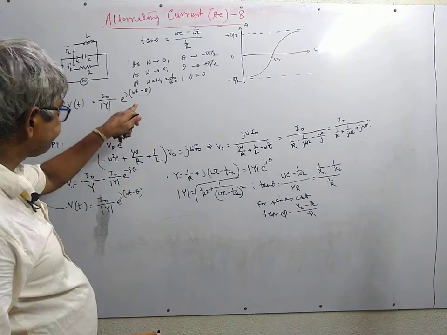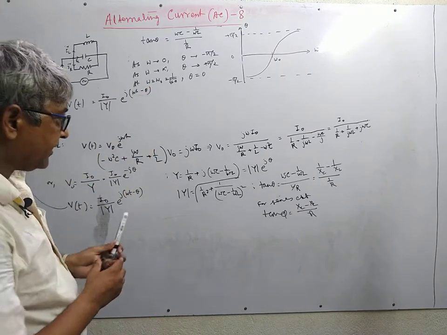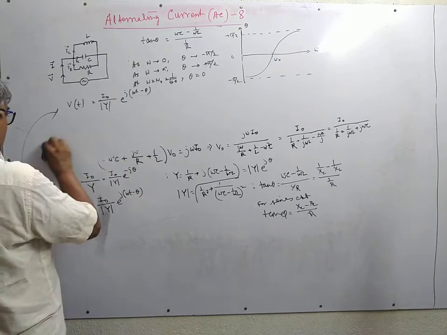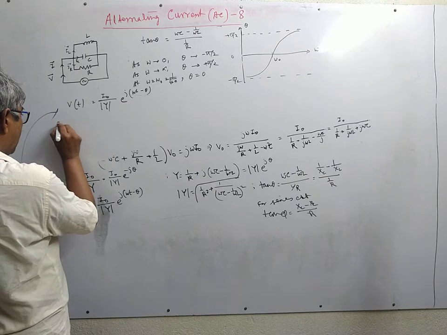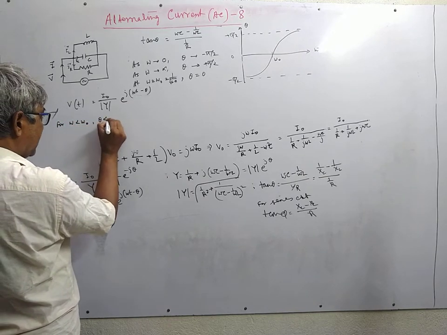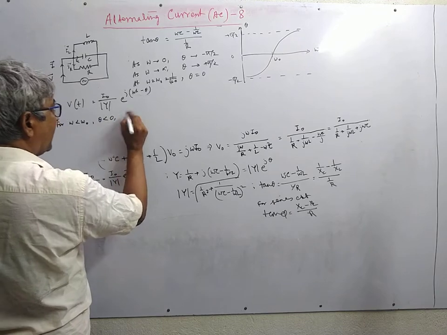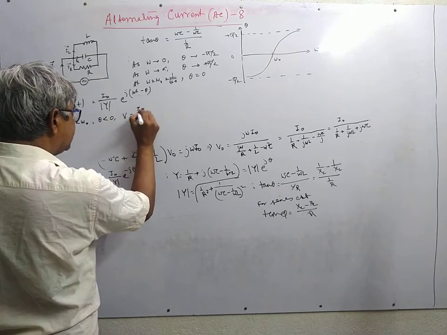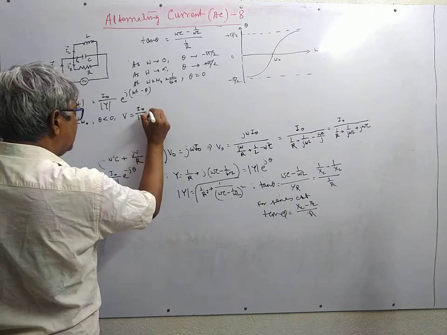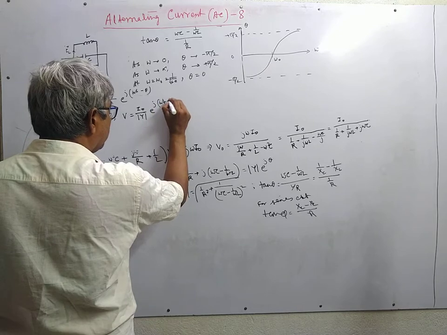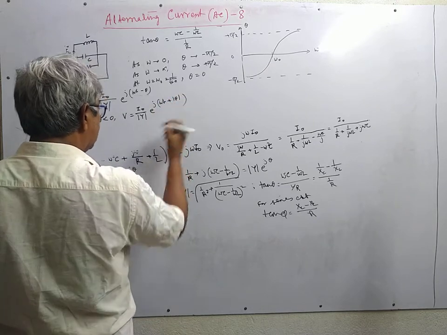So we can write for omega less than omega 0, theta is less than 0, and V is equal to I0 mod Y e to the power j omega t plus mod theta.